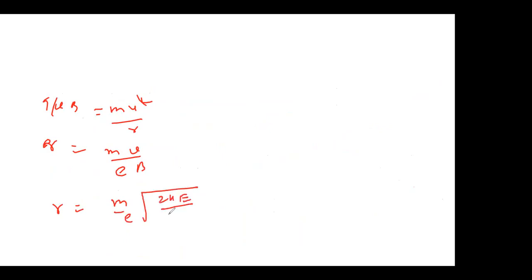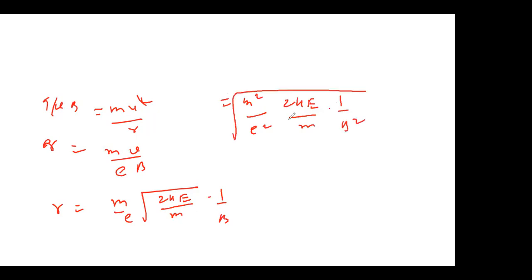Q V B is m V square by R, V gets cancelled, so R equals to mV upon E into B, that is equals to m by E root of twice kinetic energy upon mass into 1 by B, so m square E square, twice kinetic energy upon mass into 1 by B square in the root. m and m I can cancel. This is m into twice of kinetic energy.